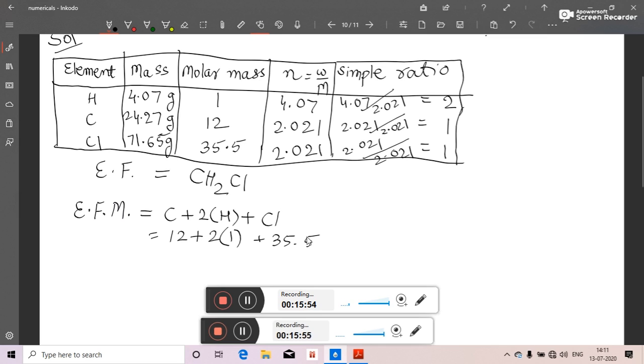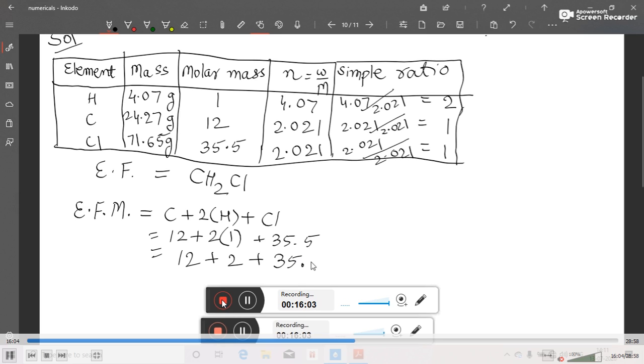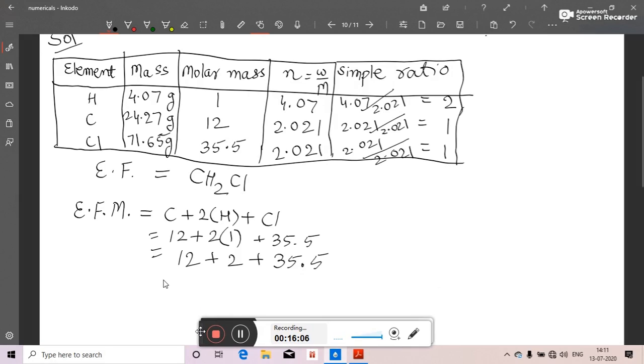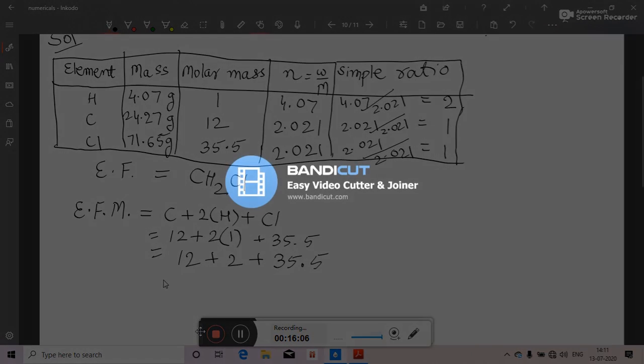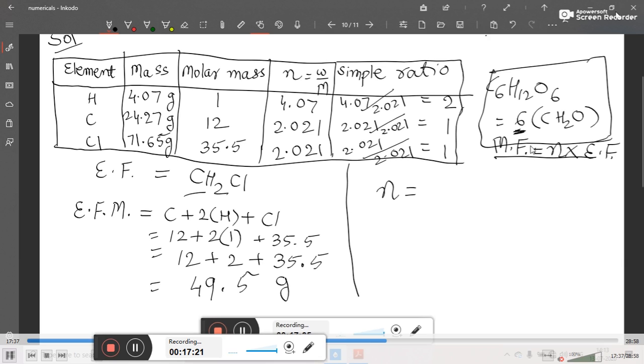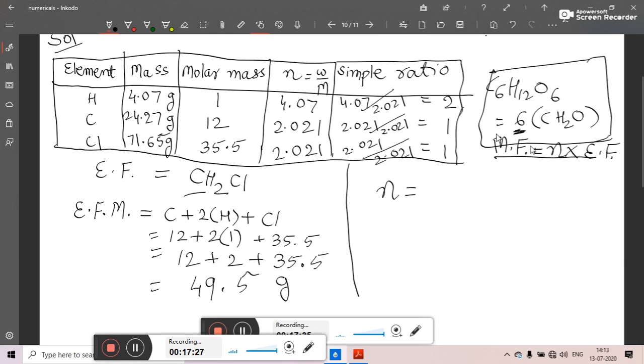That is equal to 12 plus 2 plus 35.5, which is 49.5 gram.